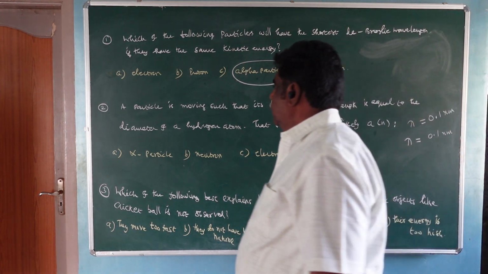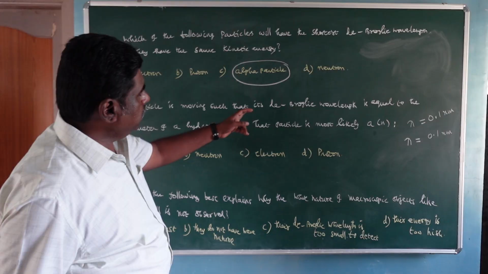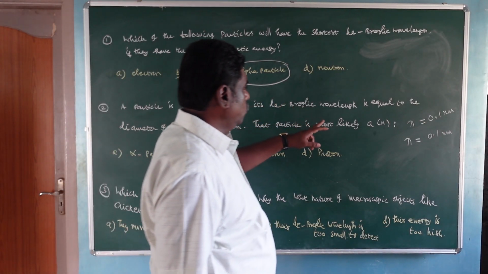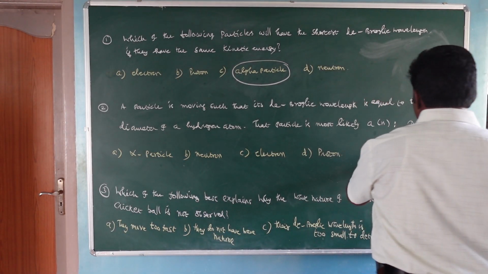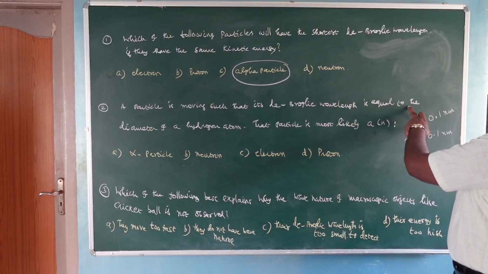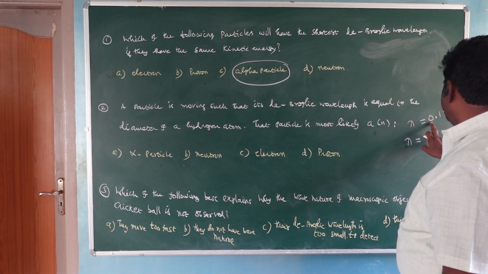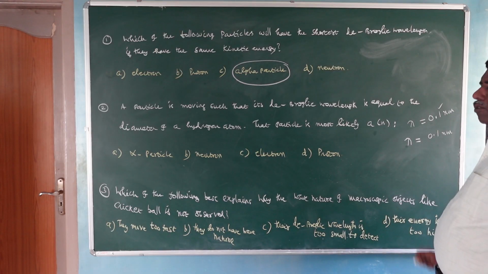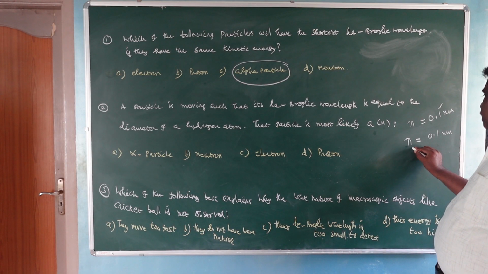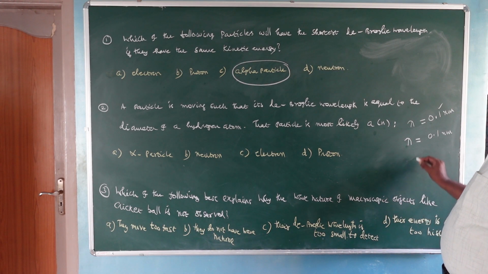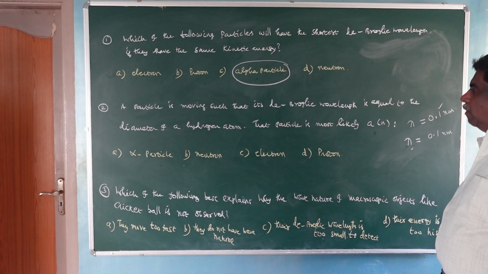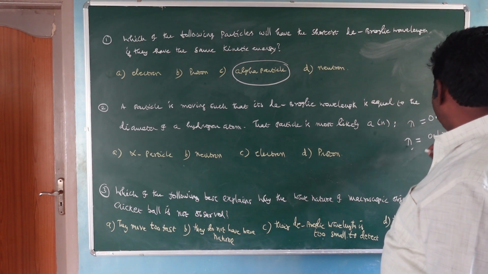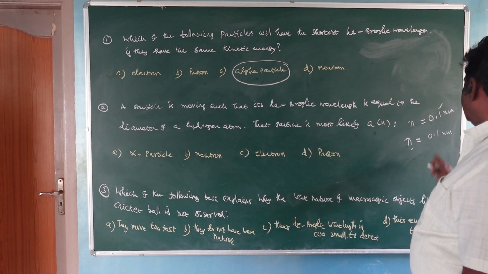See here, a particle is moving such that its de Broglie wavelength is equal to, that means the de Broglie wavelength of electron is equal to the diameter of the hydrogen atom. Diameter of the hydrogen atom is 0.1 nanometer. If you think about a low energy electron, the wavelength of a low energy electron is 0.1 nanometer.